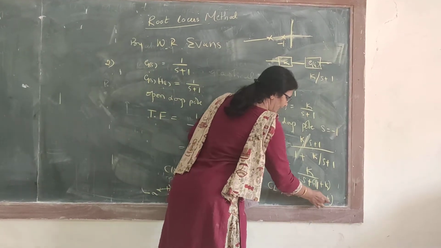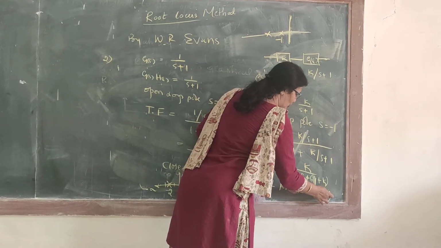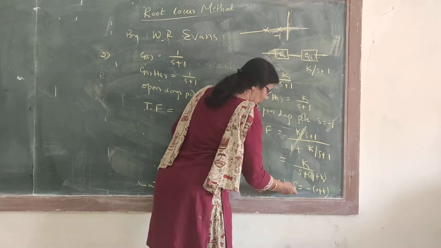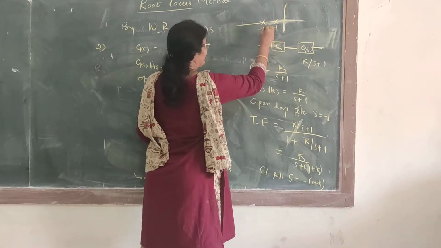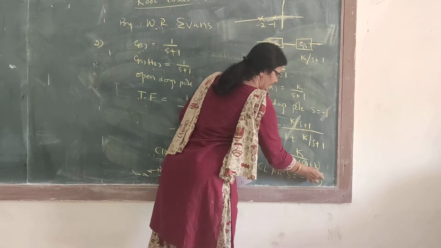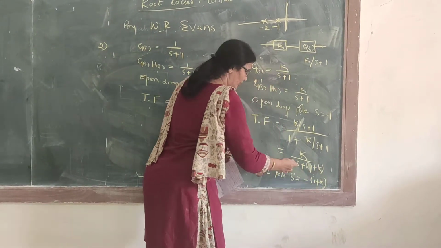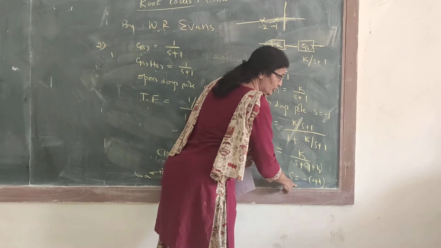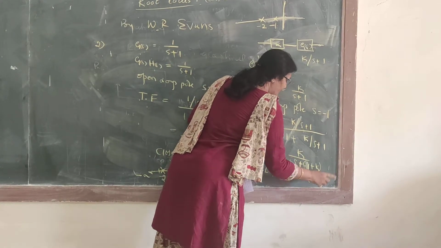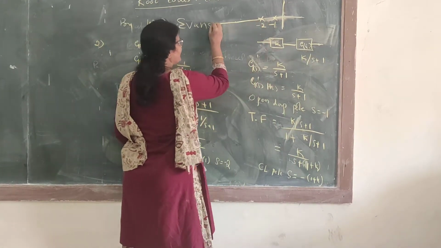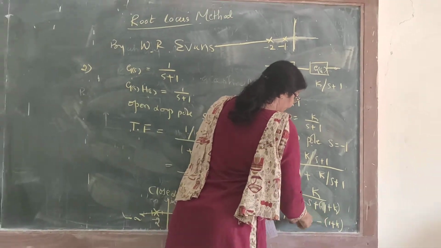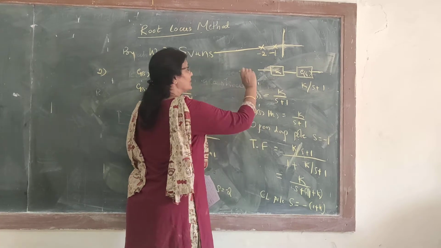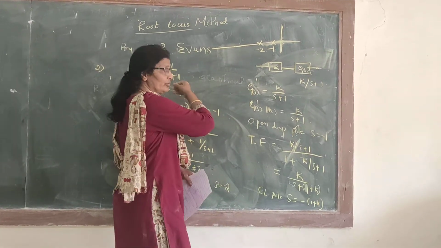If I put k equal to 1, the closed loop pole will be minus 2. I go on increasing the value of k. Accordingly, the root value changes with the value of k. As k increases from 0 to infinity, the pole moves towards negative infinity.